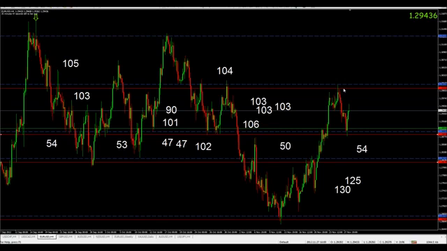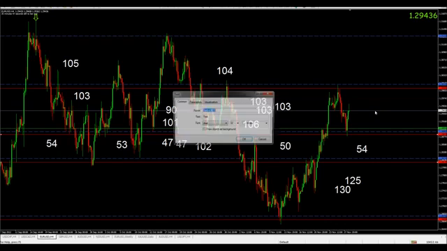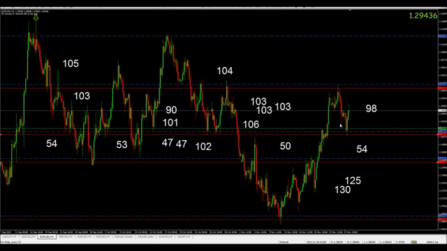And then this buy here went to the take profit, which is 98 pips. So we can get rid of that one. And then this sell went to take profit, which is 98 pips as well.